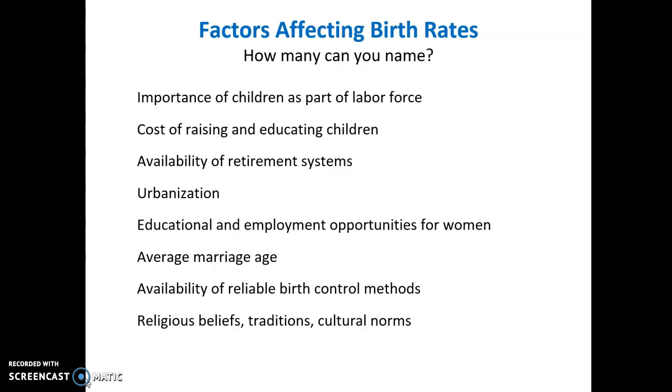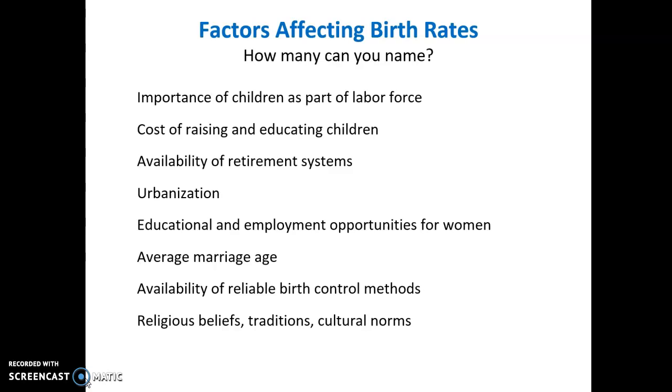Average marriage age is another factor affecting birth rates. In a society, if it was typical for people to marry at, say, age 18, they'll have more children than another population that might have an average marriage age of, say, 25, which would certainly have more children than a population where people would marry at, say, age 35.